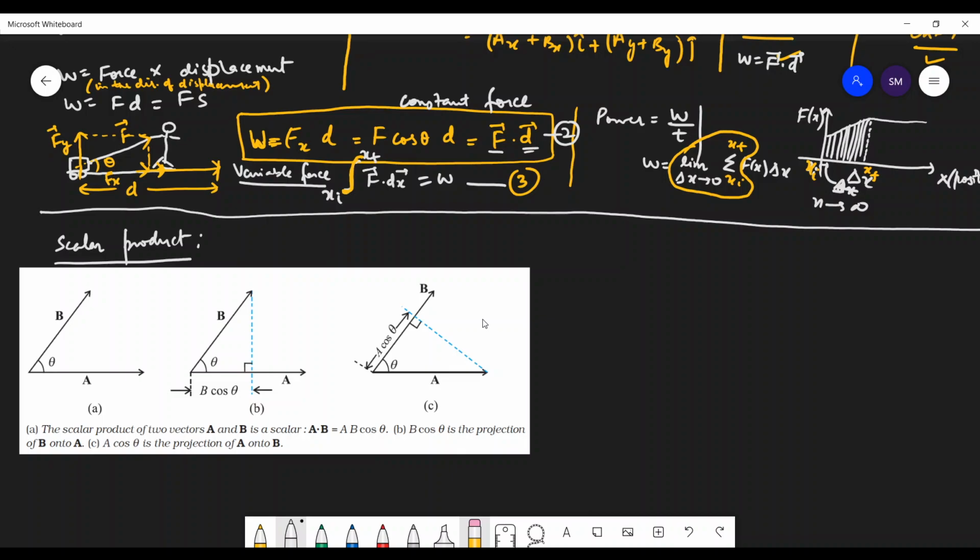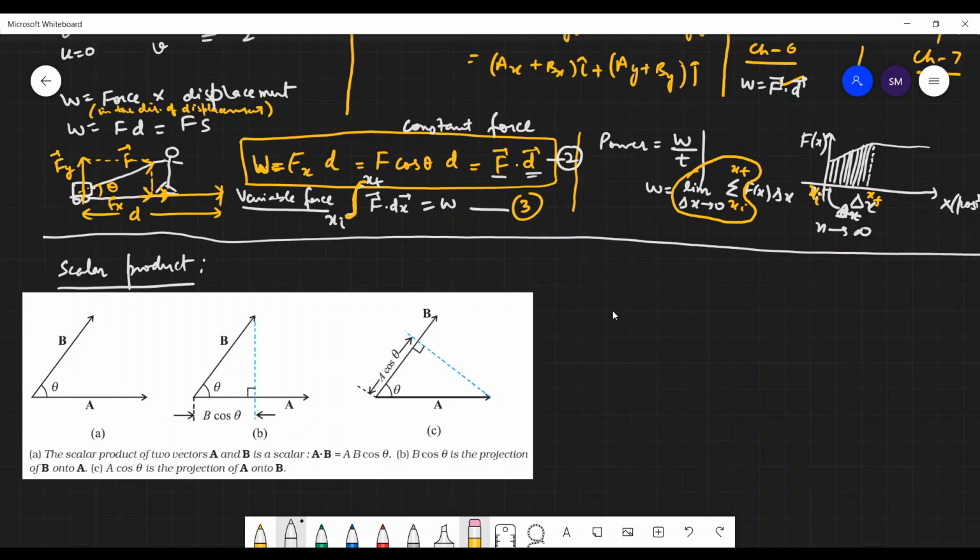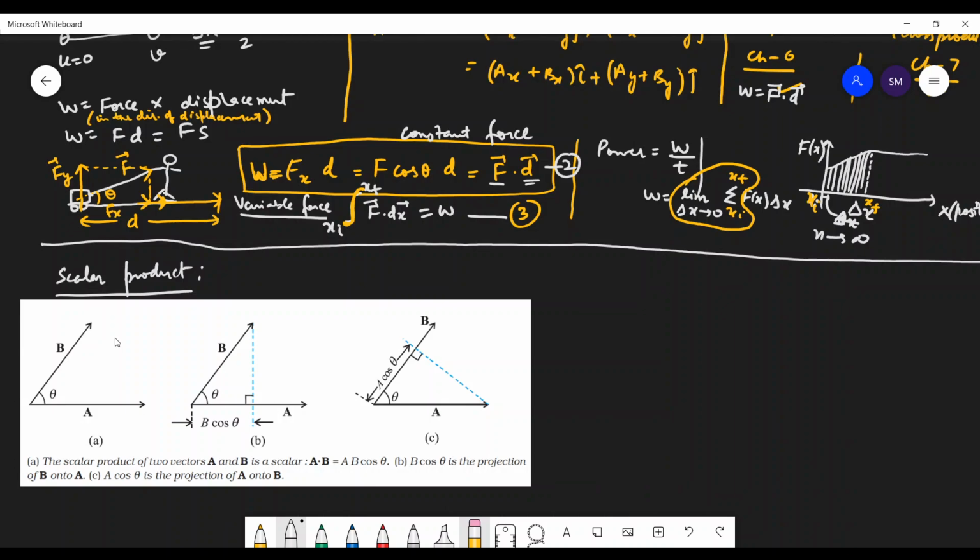So students, I was discussing with you how important it is for us to understand the scalar product. Now let us see it in detail. We have this B, which you can assume as force, and this A. This is a figure from your book.